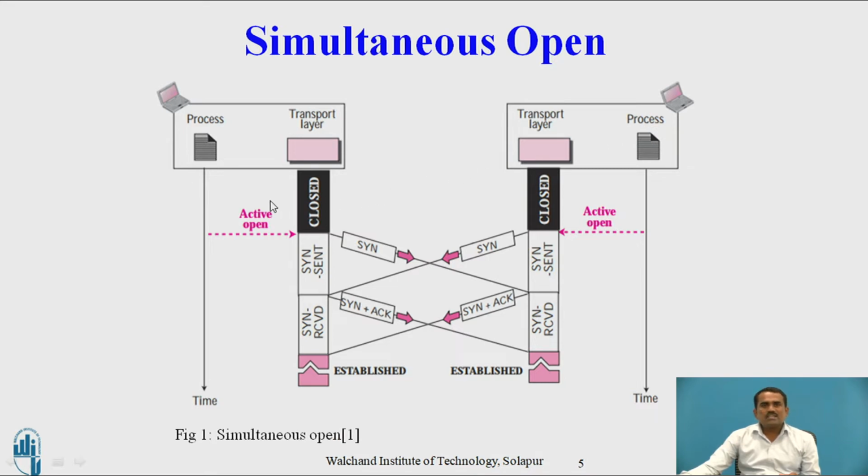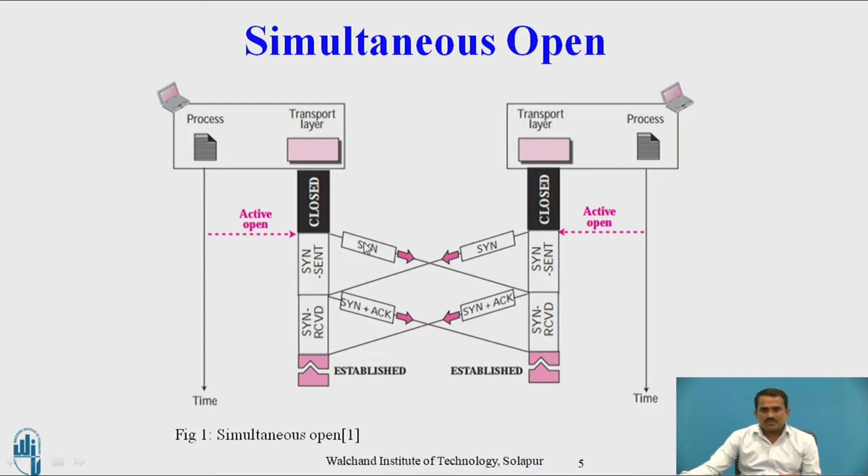Now let us see here the transport layer user at the client side opens the active open connection. Before that, the state is closed on both sides. After the active open at the client side, it sends a SYN to the server side. The server also does an active open, so it sends a SYN plus ACK.